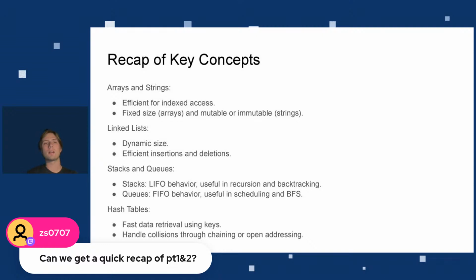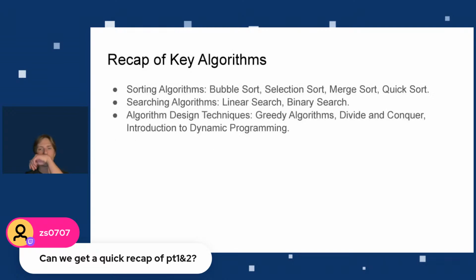And then let me show you what part two was about, because we should definitely cover a recap of that too. So here's the recap of part two. We did some essential algorithms, like sorting algorithms: bubble sort, selection sort, merge sort, and quick sort.